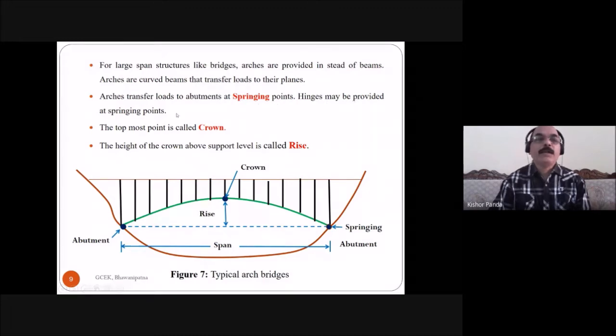A hinge may be provided at the springing points, and through this point the load is transferred from arch to the abutments. The topmost point is called the crown, and the height of the crown above the support level is called the rise.